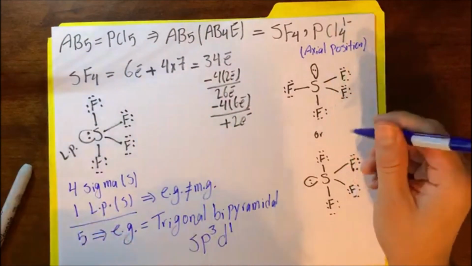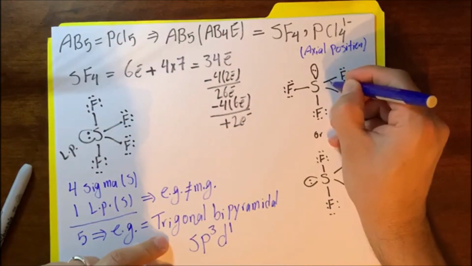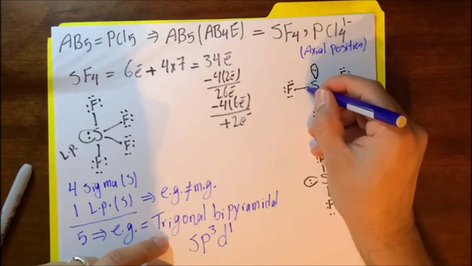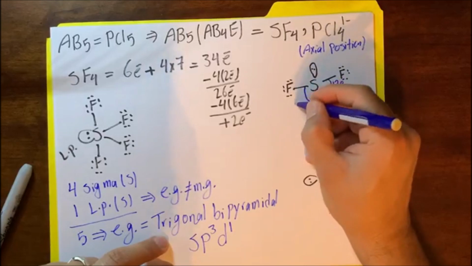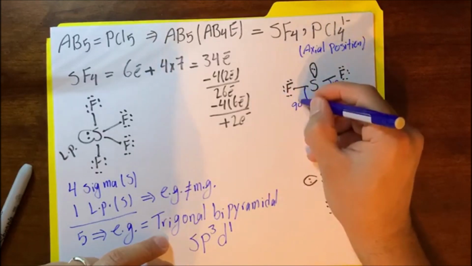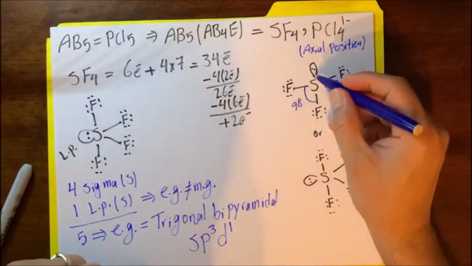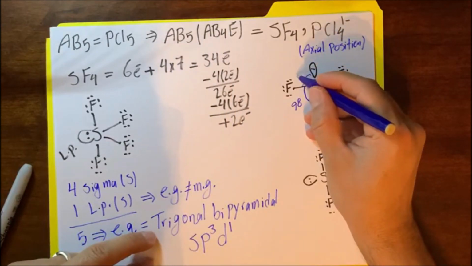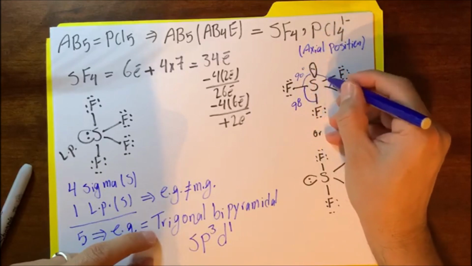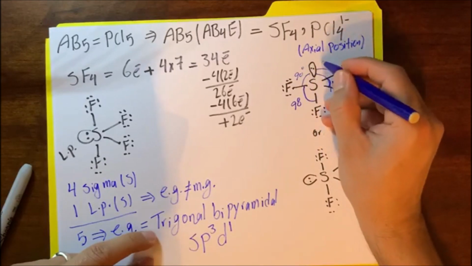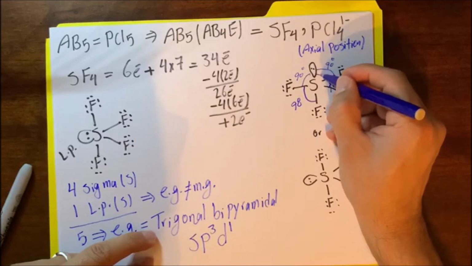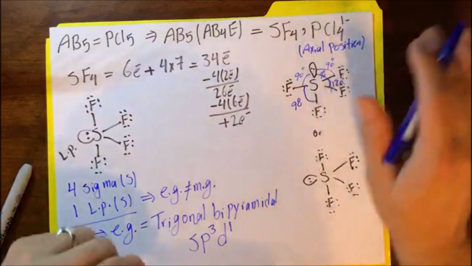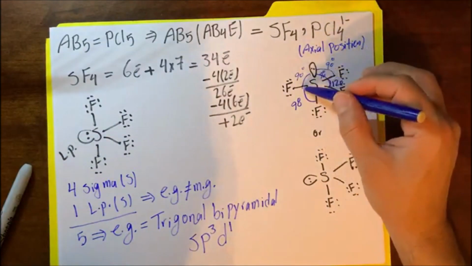Let's look at the bond angles. Here the bond angle is 120. The bond angle between axial and equatorial is 90 degrees. So when you put the lone pair in the axial position, you will build 1, 2, 3, so we have three 90 degree repulsions between lone pair and bond pair.